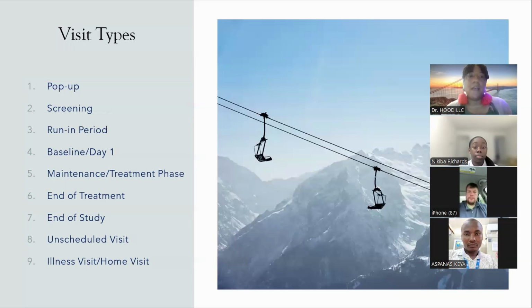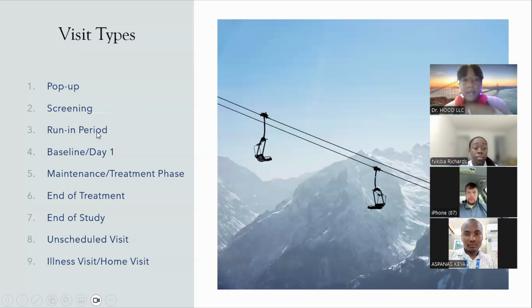You're going to provide them with the informed consent, give them an opportunity to read over it, and ask any questions that they may have. Sign it, of course. You need to provide them with the signed copy. And then you'll complete the assessments of the visit per the protocol.